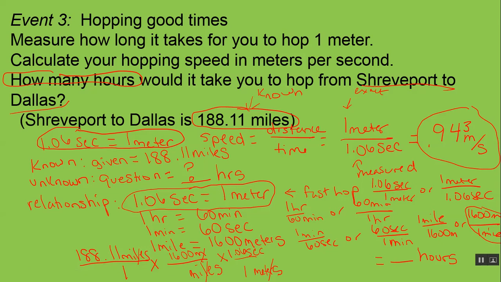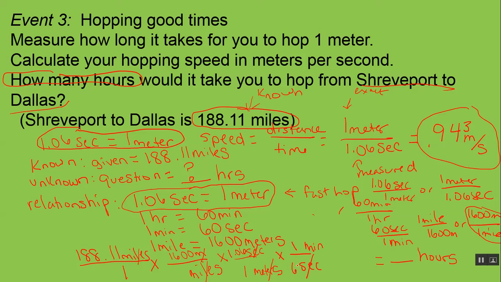But again, that's not what it's asking us to solve for. This is asking us to go into hours. So what do we do from here? We were in seconds. We need to get rid of those seconds. So we need seconds to be on bottom, which means we're going to want minutes on top.